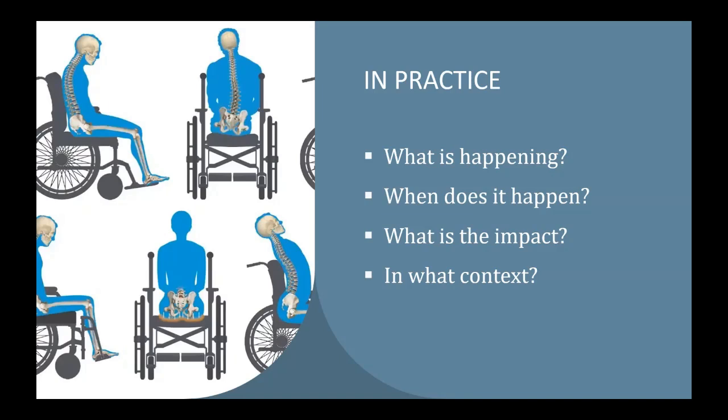In practice, what this looks like is really breaking down, stepping away from some of the clinical jargon. Maybe it's obviously important for our documentation, but actually to interpret that, asking the questions around what is actually happening, when does it happen, what is the impact, and what context. So a stronger problem statement would be including things like they are presenting with sliding in the chair.